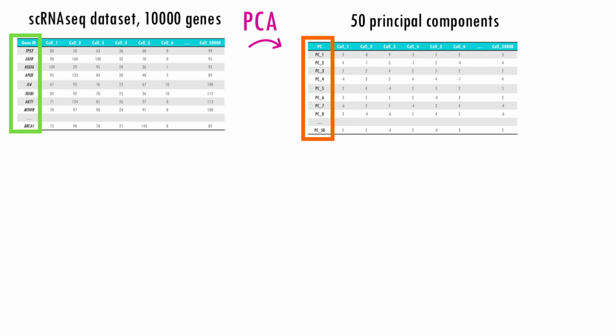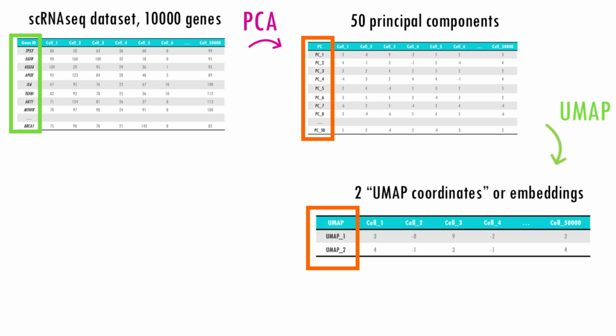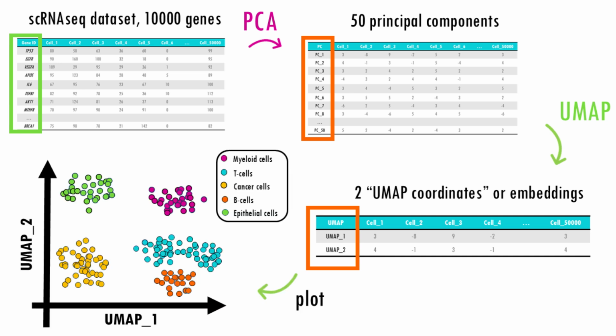That way, it is easier to identify underlying patterns, like immune cells versus not, or dividing cells versus not. Then, after PCA, we can apply UMAP on the first 50 principal components to get a 2D projection of our cells, so we can visualize the main clusters of cells based on their gene expression profiles.